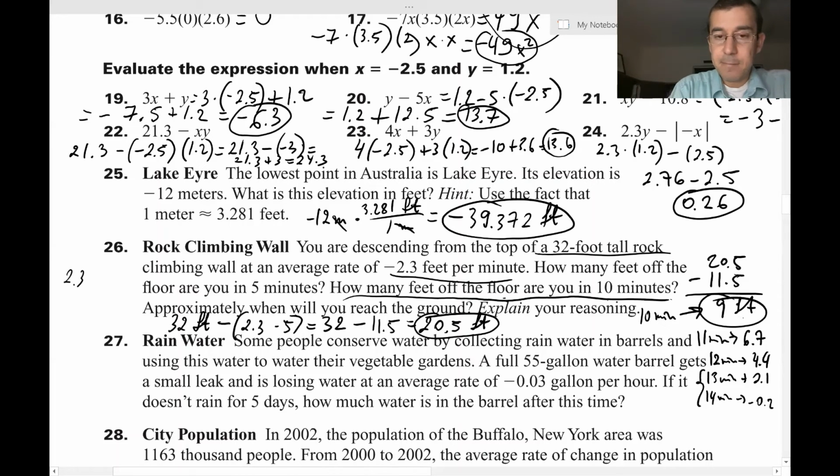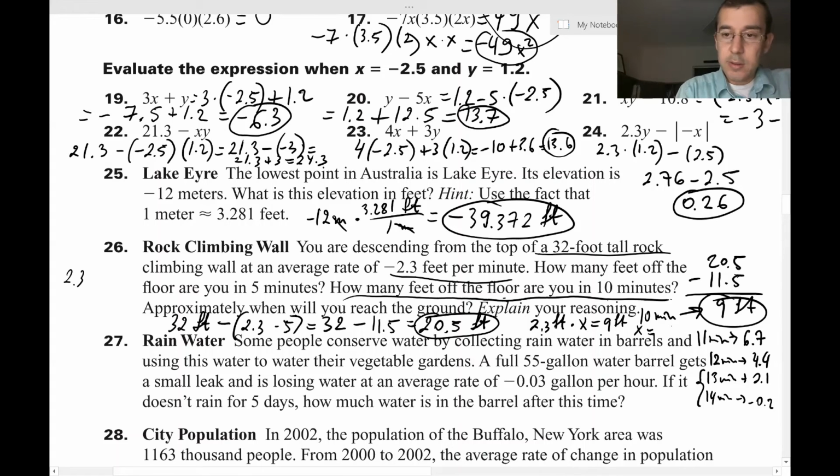And the correct time, you can get it by, well, 2.3 feet times how many minutes to get to 9 feet? Or x is 9 over 2.3.